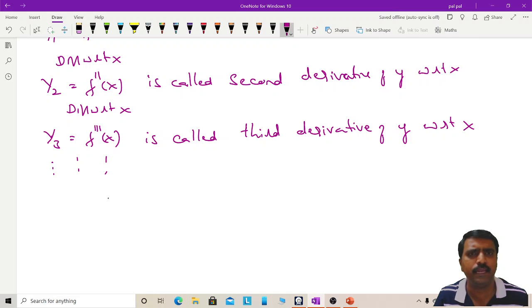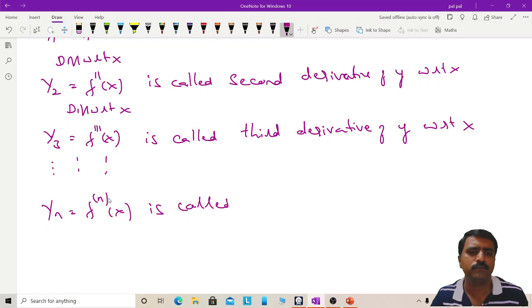So generally you write, up to nth order we can find its derivative. That is yn is equal to f n of x, called the nth derivative of y with respect to x.